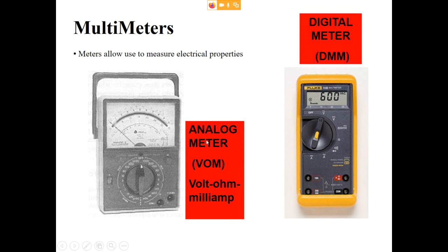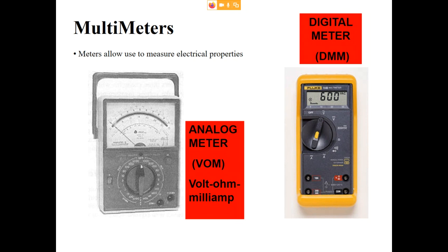If you want to measure very large currents, they actually make special meters for them. If you're trying to measure like 100 amps, you can't do that with these meters. You would destroy either one of these meters if you tried to put 100 amps through them. Actually, when you try to measure current, they have fuses in them so that the fuse will blow to protect the meter.